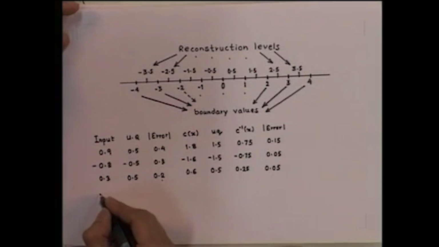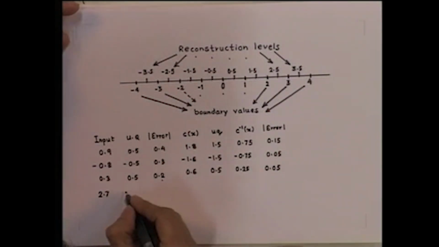And finally, let us take a value of 2.7, which without the compander would be quantized to 2.5.